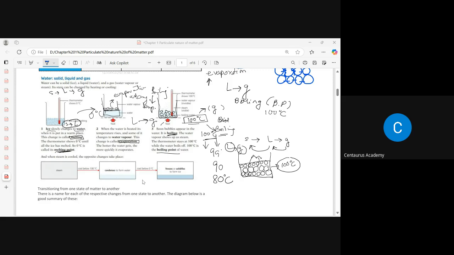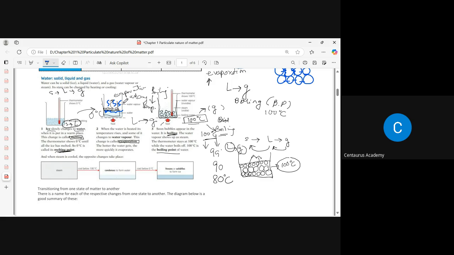Some of the water molecules at the surface only, the ones which are present at the surface, are going to gain enough heat energy to overcome their intermolecular forces of attraction in liquid molecules. As a result, they start to evaporate, or also we can say they vaporize.